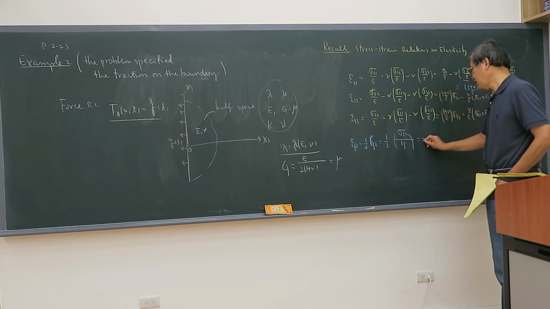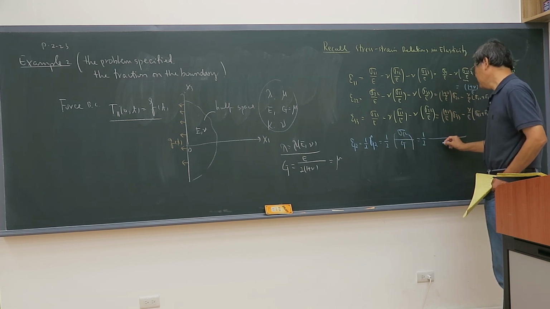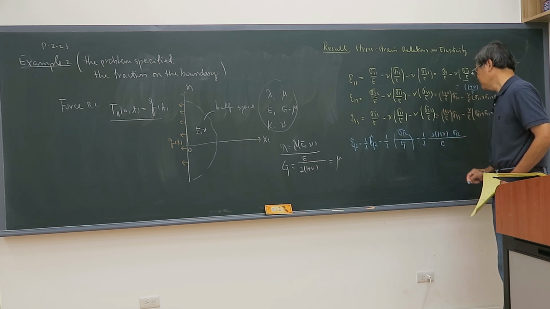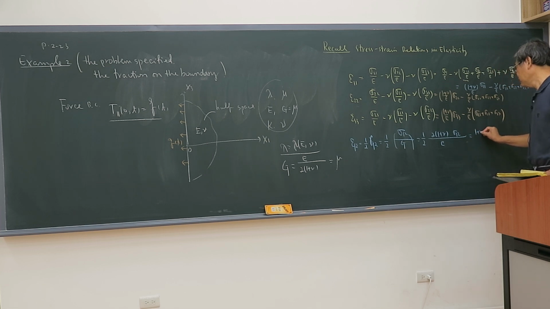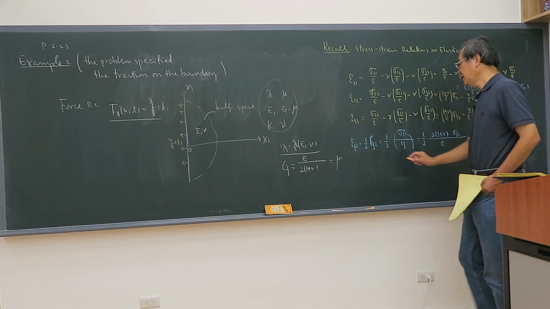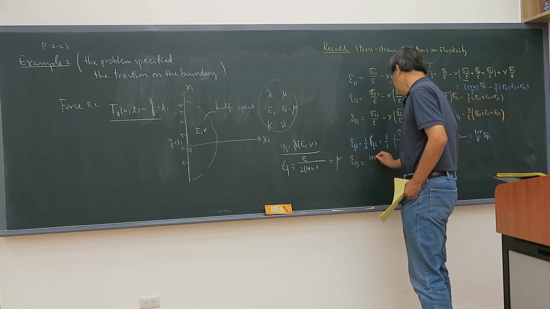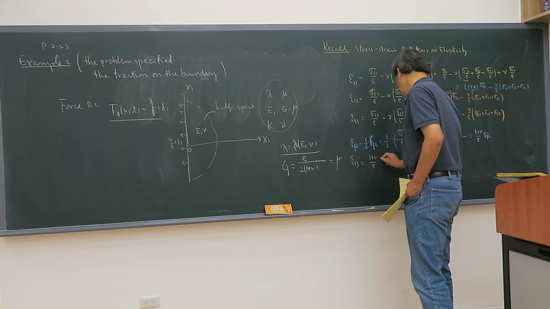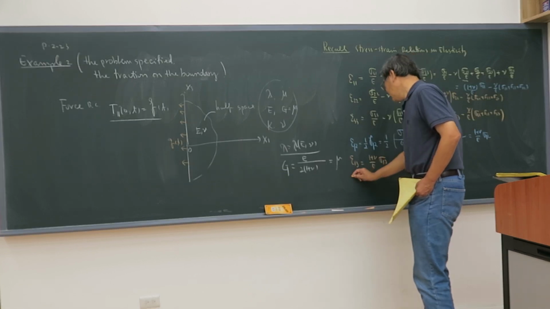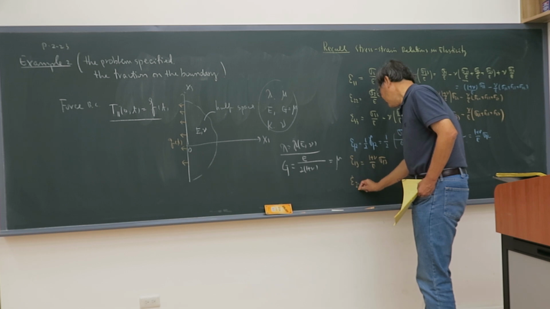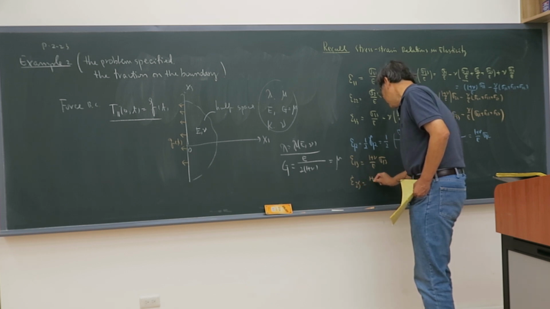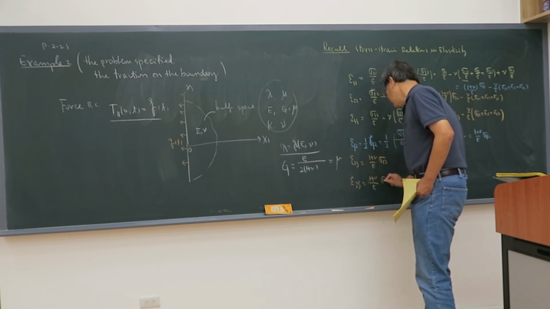And G is equal to E over 2(1 plus nu), so it's equal to 1 plus nu over E sigma 12. Similarly, epsilon 13 equals 1 plus nu over E sigma 13, and epsilon 23 equals 1 plus nu over E sigma 23.